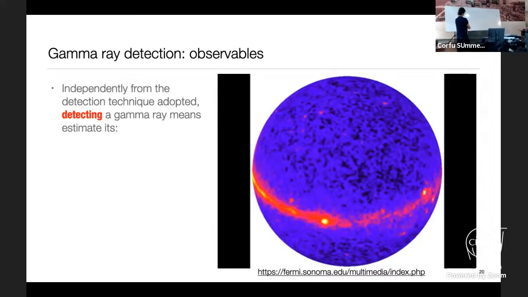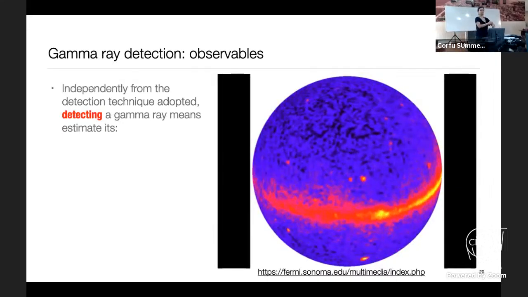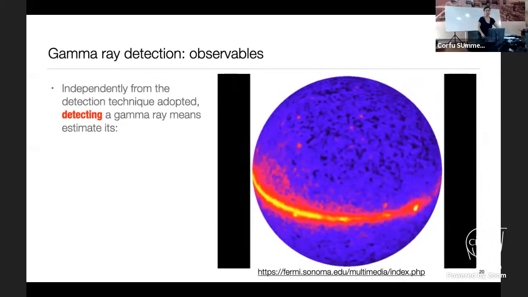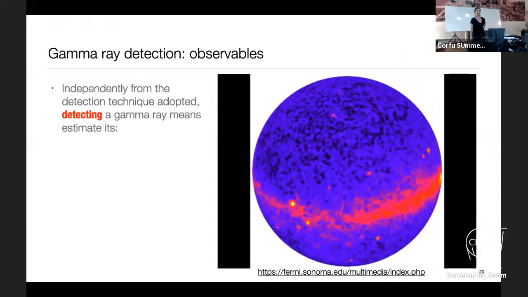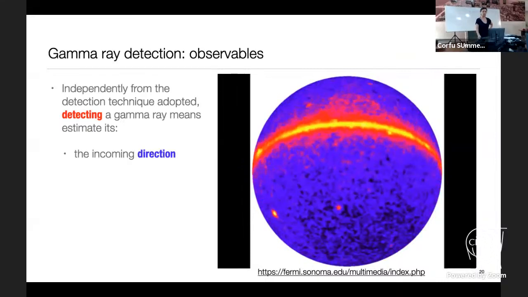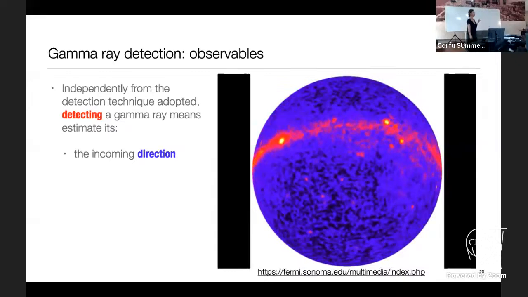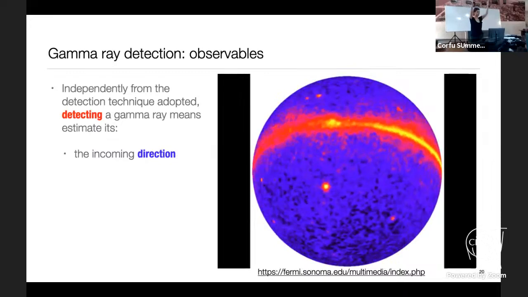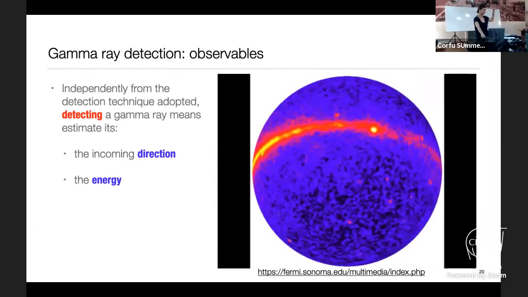Okay, now we start to focus on the detection of gamma rays. This was one of the first videos released by the Fermi telescope as it sees the sky. Basically, the detection of gamma rays means trying to understand where they come from. First, you need to identify the portion of the sky, the emitter, as precisely as possible.